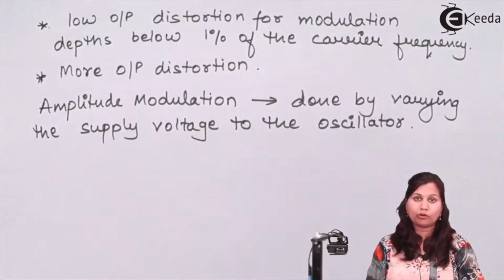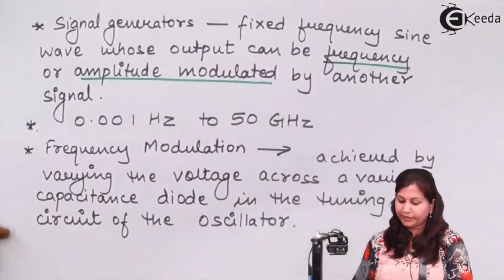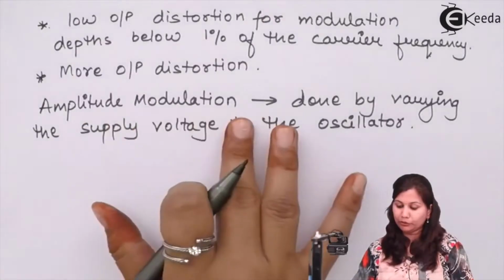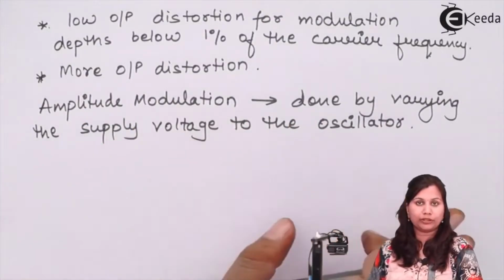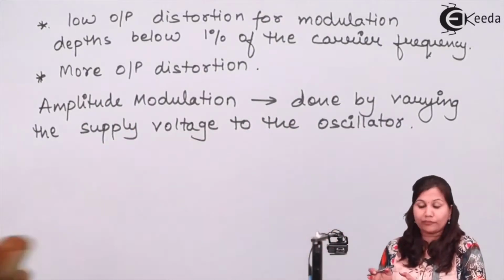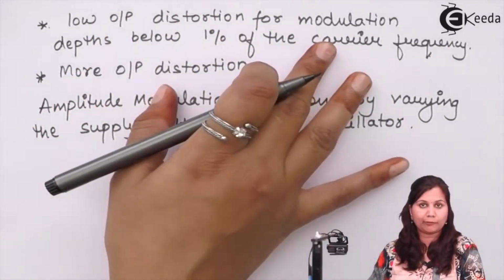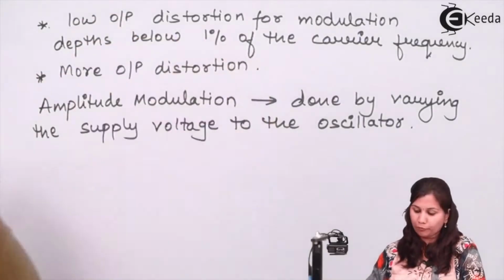For frequency modulation, we were varying the voltage across the variable capacitance diode. For amplitude modulation, we are varying the supply voltage to the oscillator. Frequency modulation has caused some problems in the output; it has distorted the output.